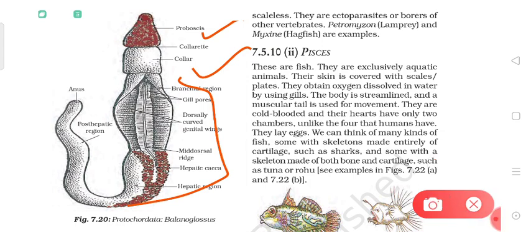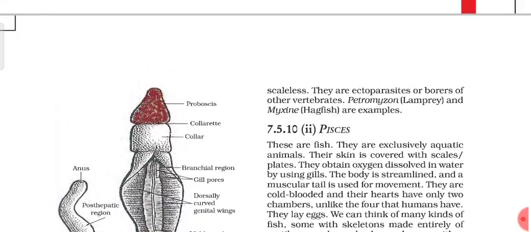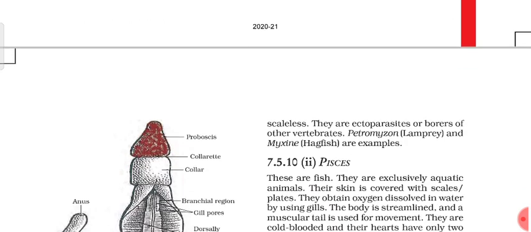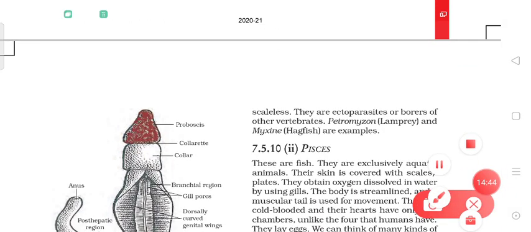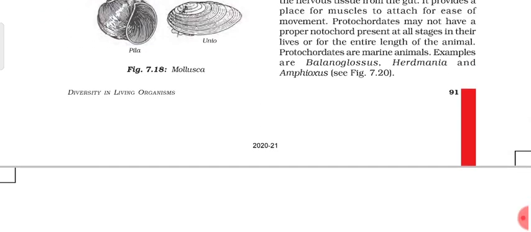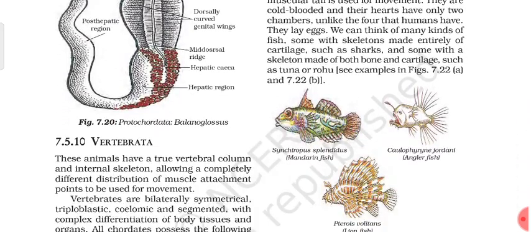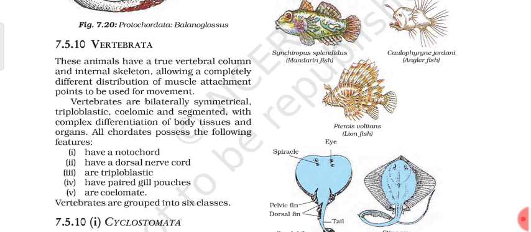So Balanoglossus has been divided into these three parts, right? One more thing is written here regarding the protochordates. This is completed actually. Now let's move on to the phylum Vertebrata, right?